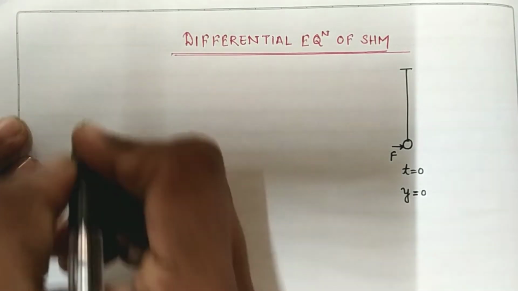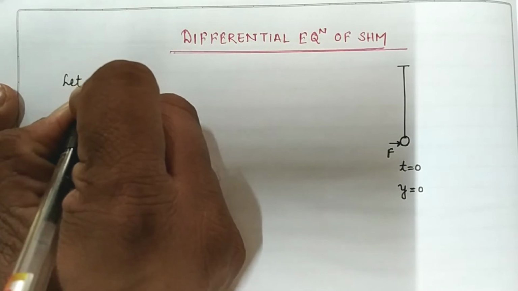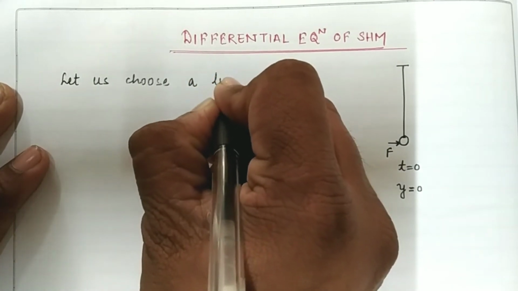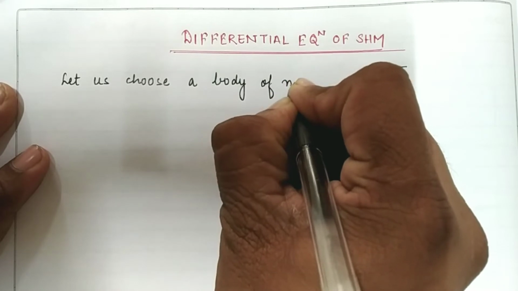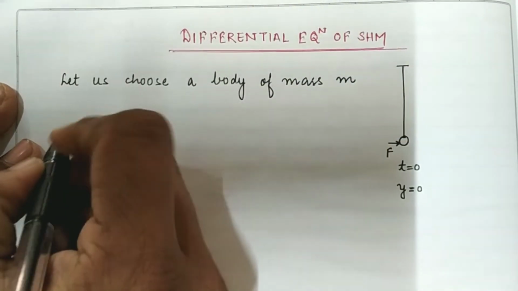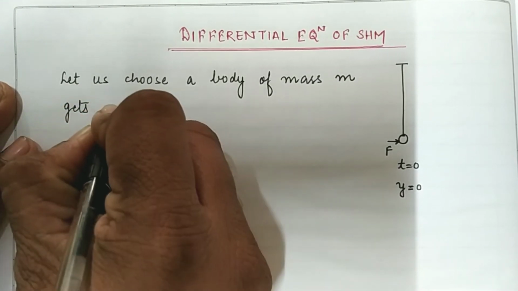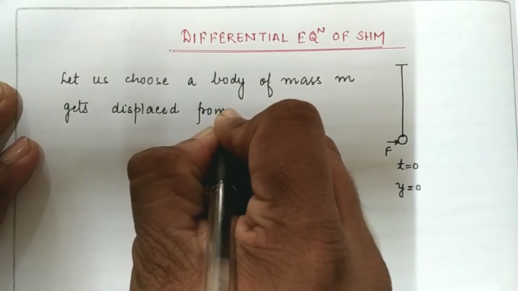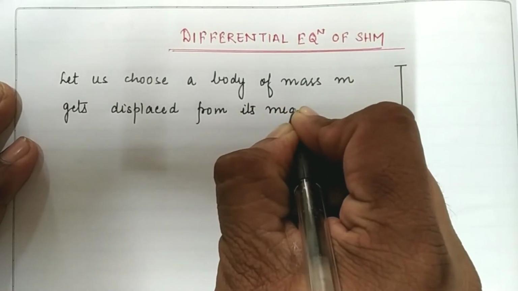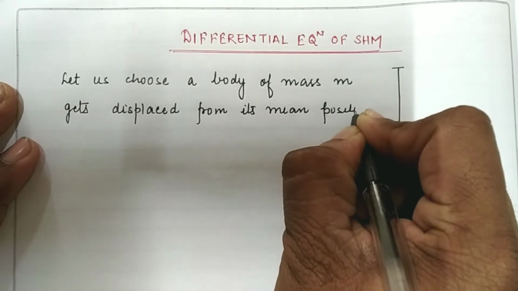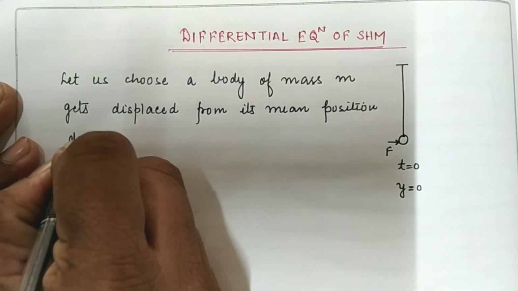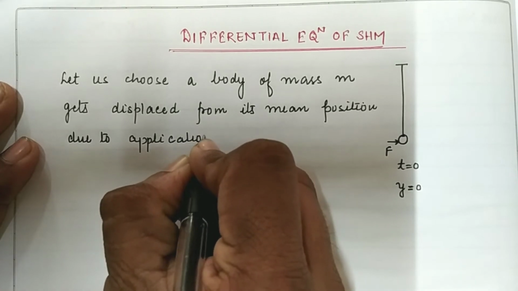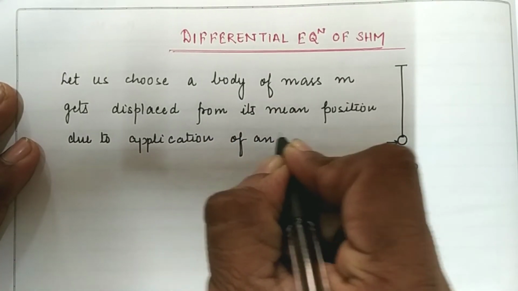So what I have said here is, let us choose a body of mass m that gets displaced from its mean position due to the application of an external force.